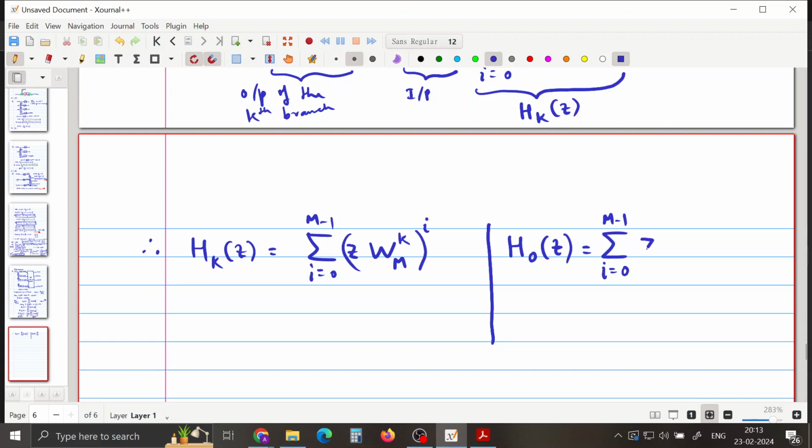So this gives me effectively z to the power I. That's nothing but a finite GP series: 1 plus z plus z square and so on till z to the power m minus 1.